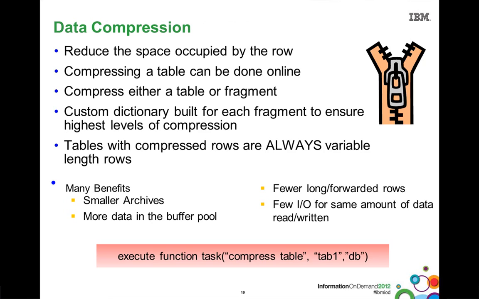It benefits archives. It benefits if you have long or forwarded rows. And one of the other benefits that a lot of people don't really realize right up front is if you're running with HDR or MACH or some form of replication, the data that's placed in the logical logs is actually in compressed form. So when we log those records, if you insert 100 rows and each row is 100 bytes, that becomes 10,000 bytes of data you put in.